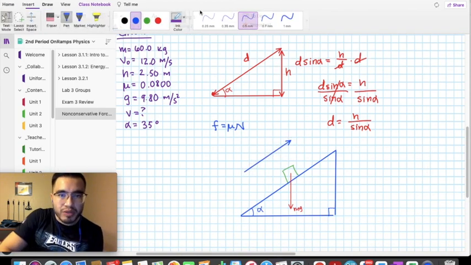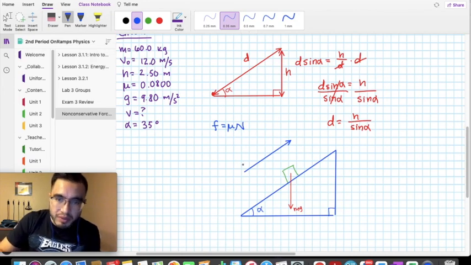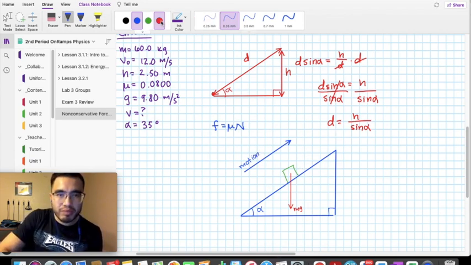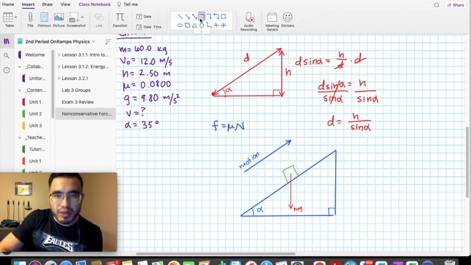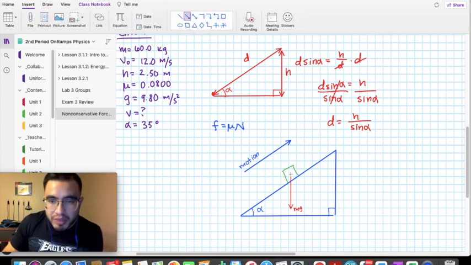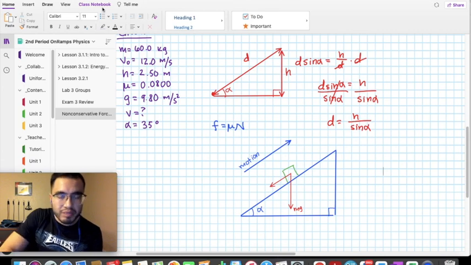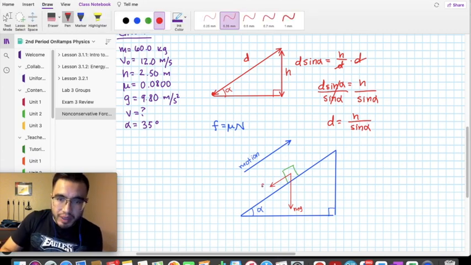We'll write the word motion so we know what this means. So if the motion is up, then friction goes down. So the force of friction would be from here. There you go. That is the force of friction, like that.